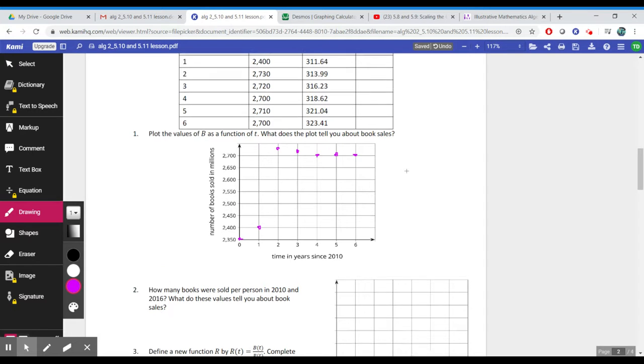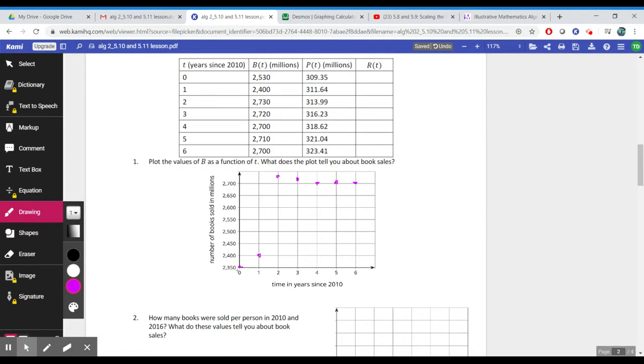So if we look at our graph here, 0 years after 2010 and 1 year after 2010, there were 2,530 and 2,400 books sold respectively. So we saw a bit of a decrease there. Then 2 years after 2010, so this would be in 2012, our book sales increased quite a bit, all the way up to 2,720. And then after 2012, we remained more or less constant. We didn't go up or down a whole lot on any of these. It's more or less a flat line.